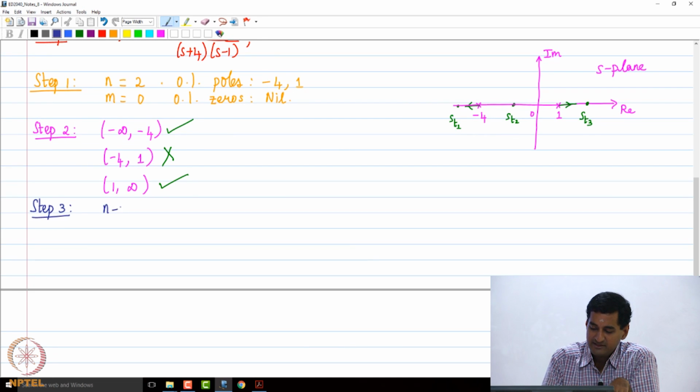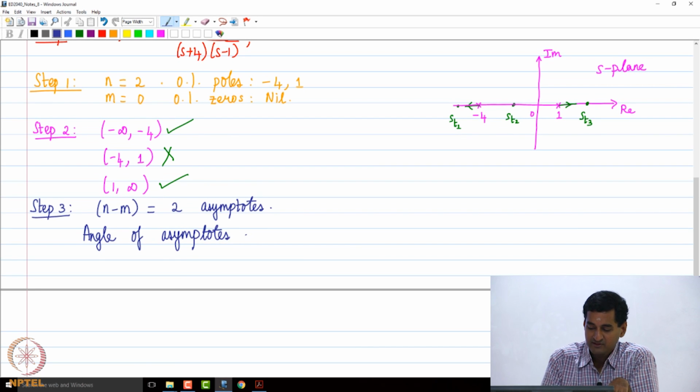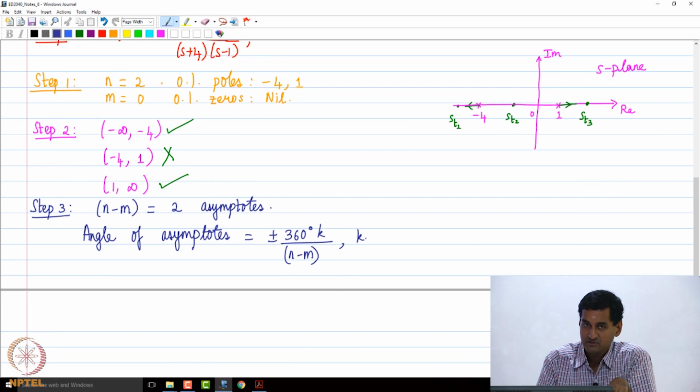Step 3 means we need to figure out the asymptotes. So n minus m is going to be equal to 2 asymptotes. What is the angle made by the asymptotes? It's going to be equal to plus or minus 360 degrees times k divided by n minus m, k being 0, 1, 2 and so on.